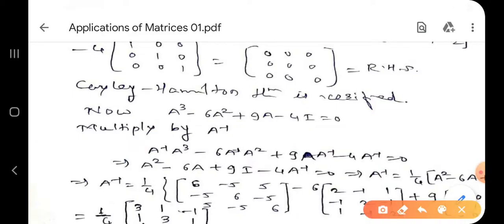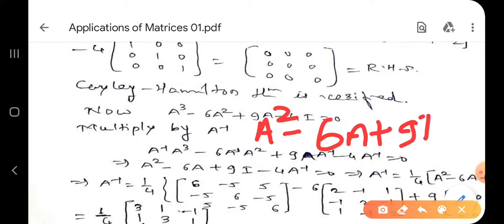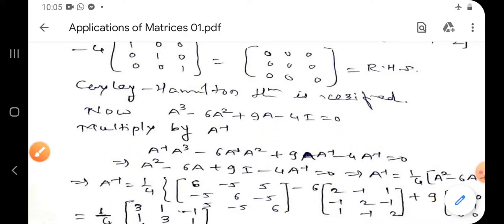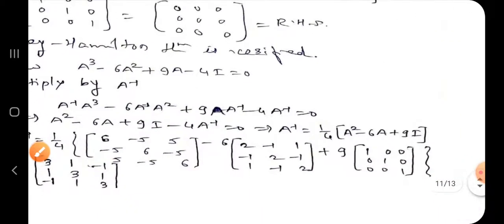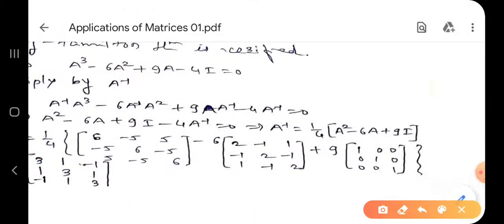From this equation I get A square, because A inverse into A cube is A square, minus 6A, because A inverse into A square is A, plus 9 into identity matrix, A into A inverse is identity, minus 4 A inverse is equal to 0. Now find the value of A inverse. Therefore A inverse is equal to 1 by 4 into A square minus 6A plus 9I.